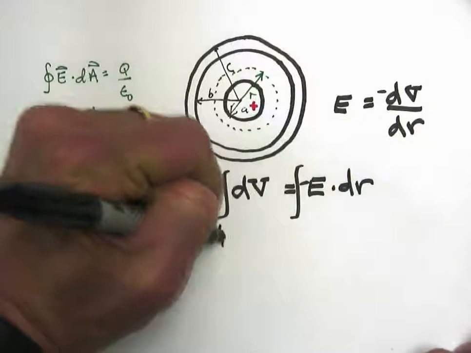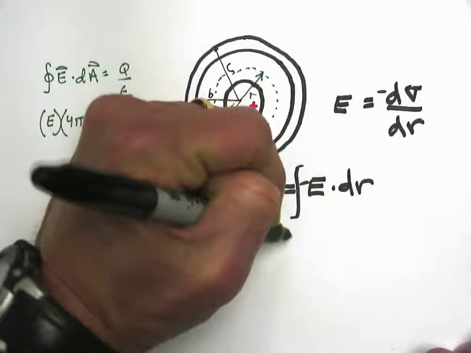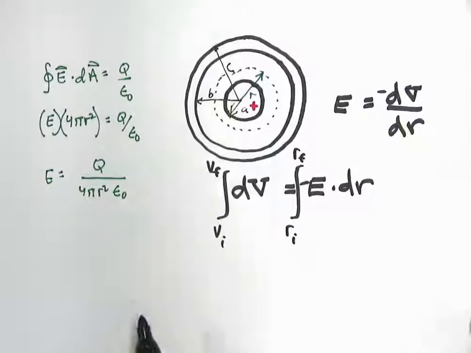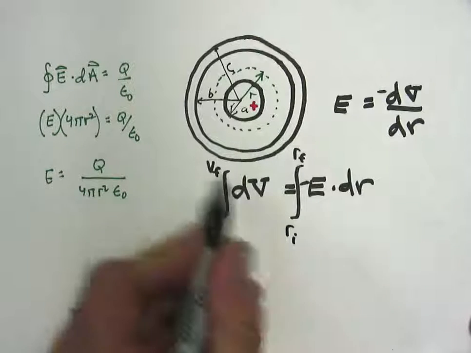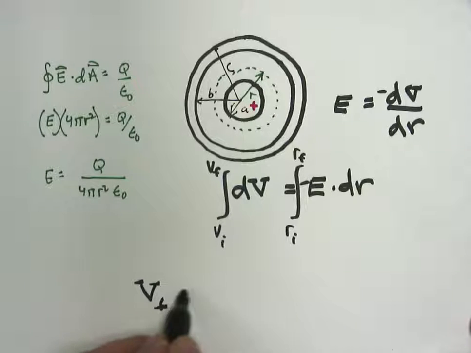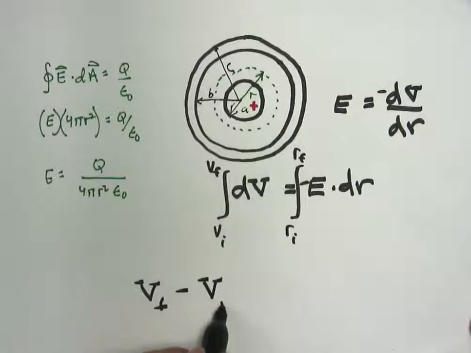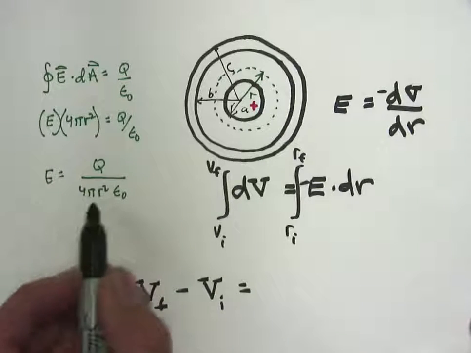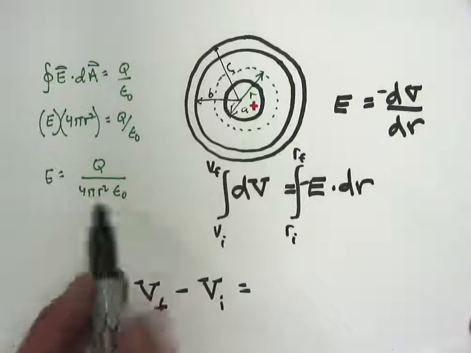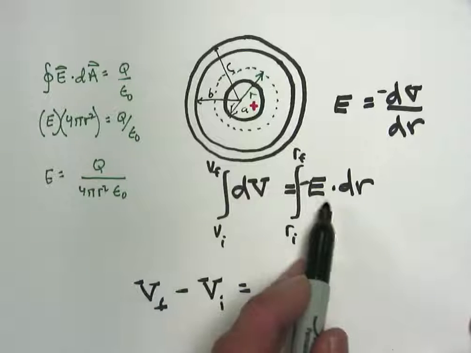I want to stop for a moment and remind you of the limits of integration. What this does is it reminds us that when you evaluate this integral, the electrical potential difference is going to look like this. And if you don't mind, I'm just going to put in how we define the electric field for this particular geometry. So I'll substitute this in here.